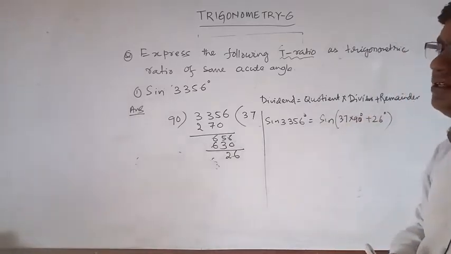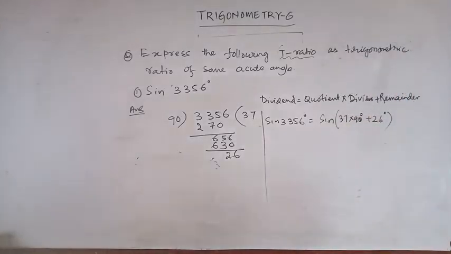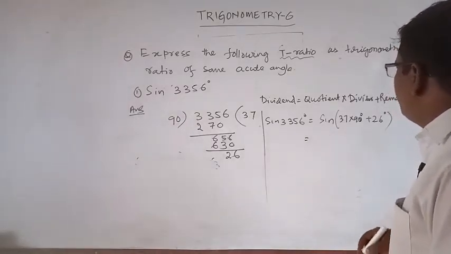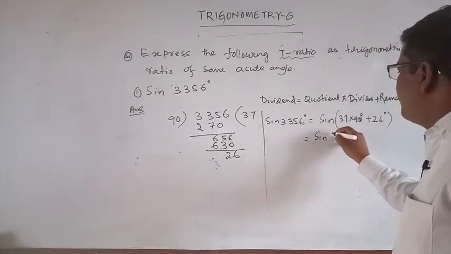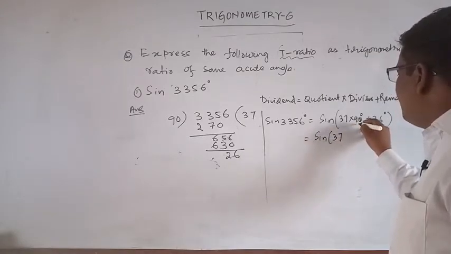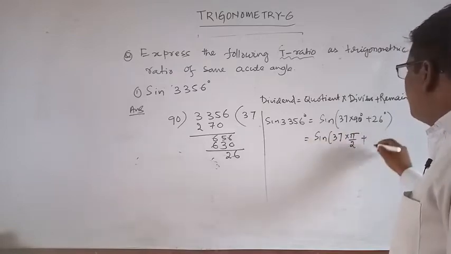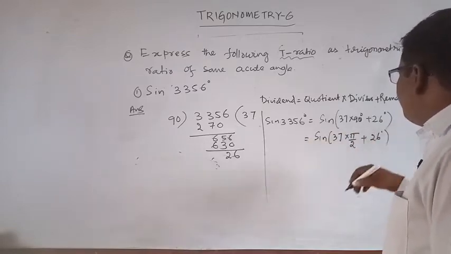So this is equal to sin of 37, 90 means pi by 2, plus 26 degree.